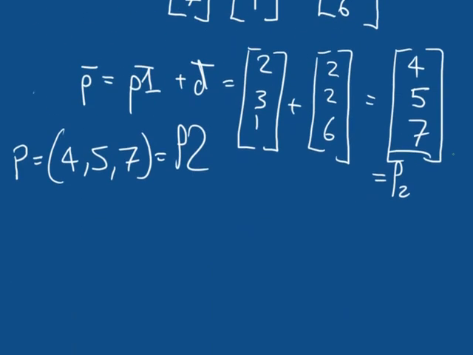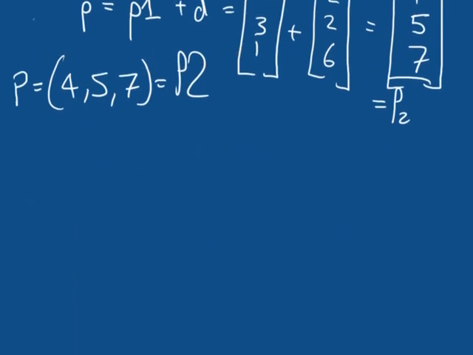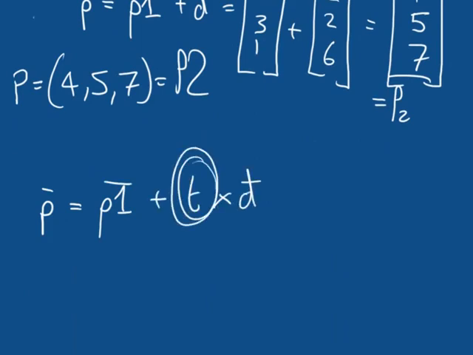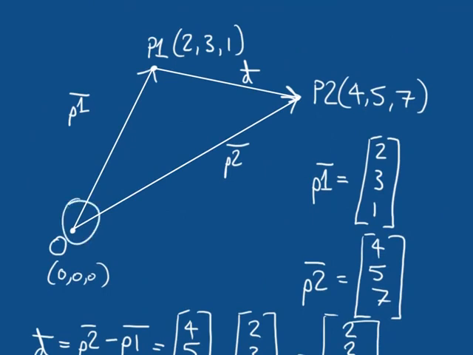So instead of the equation P is equal to P1 plus D, what if we had the equation P is equal to P1 plus T multiplied by D, where T is some scalar parameter. So because T is a scalar parameter, we can scale the length of D, and that means we travel from the origin up P1, because we're saying it's equal to P1 plus some scaled version of D, which means if we had a small scaled version of D, we get a point here.